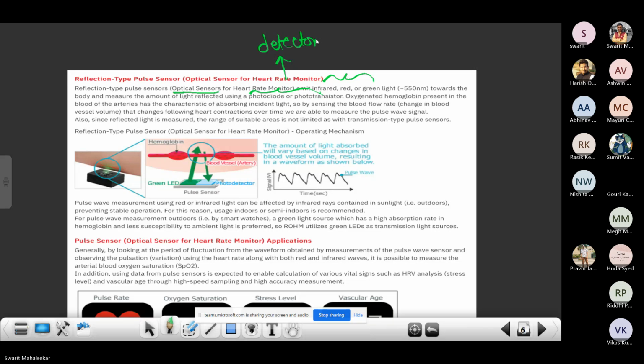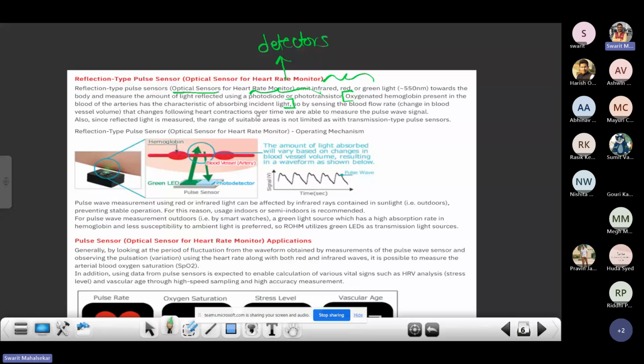Okay, and then this is the most important point. Oxygenated hemoglobin present in the blood of arteries has the characteristic of absorbing incident light. This is the most important point we should note. Oxygenated hemoglobin, that means, in our hemoglobin, if the oxygen molecules are excess in number, it has a tendency to absorb the light which is incident on it.